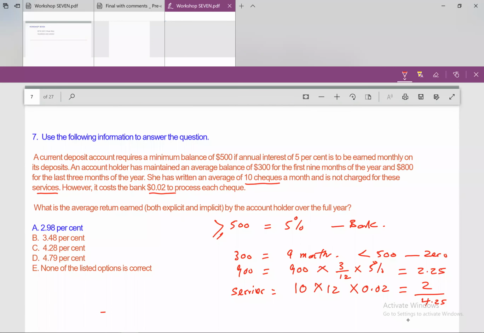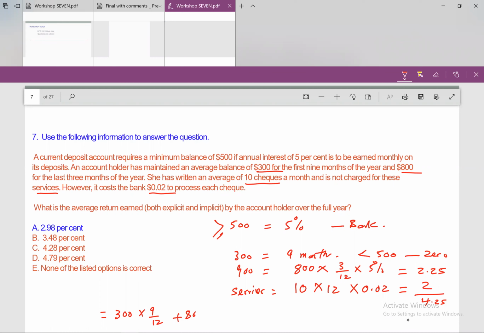The customer is holding 300 for 9 months, plus 800, plus... this is 800, I think.